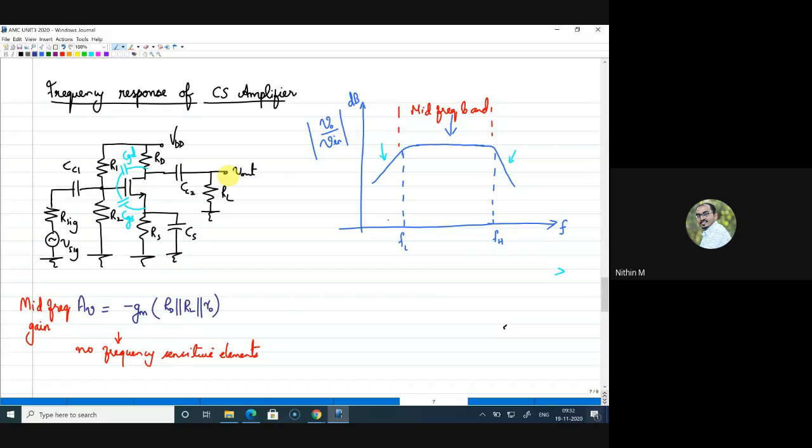So here you can see this reduction. This we generally call the low frequency band, and here the effect is the gain is falling. So who are the responsible components here? Gain falls here due to CC1, CC2 and CS, right? Because these are acting as open.